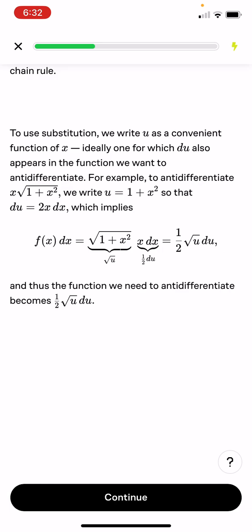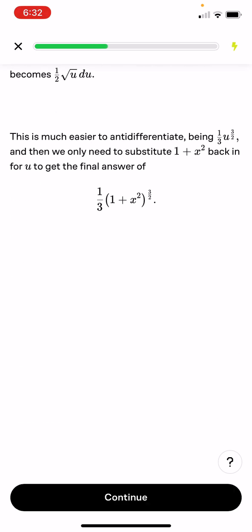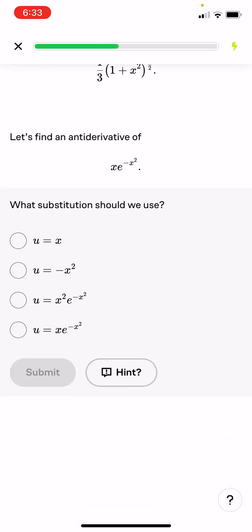And thus the function we need to antidifferentiate becomes 1 over 2 square root of u du. This is much easier to antidifferentiate, being 1 over 3 u to the 3 over 2, and then we only need to substitute 1 plus x to the second back in for u to get the final answer, 1 over 3 times (1 plus x to the second) to the 3 over 2.